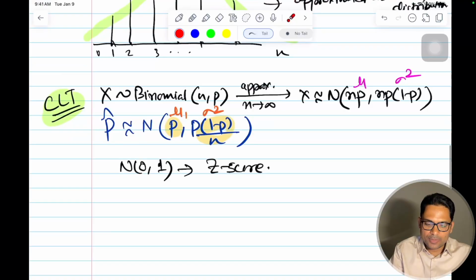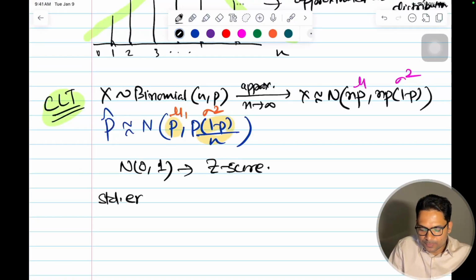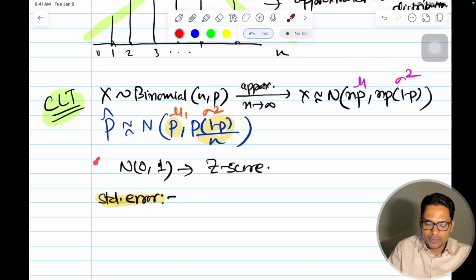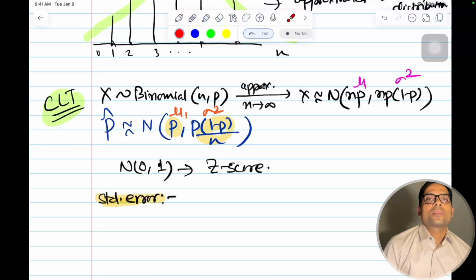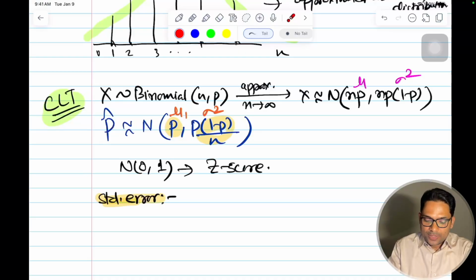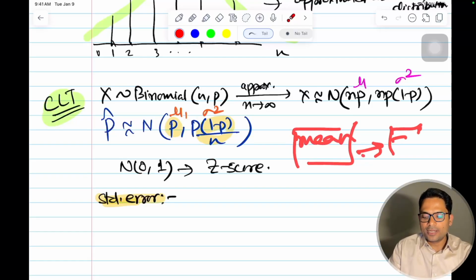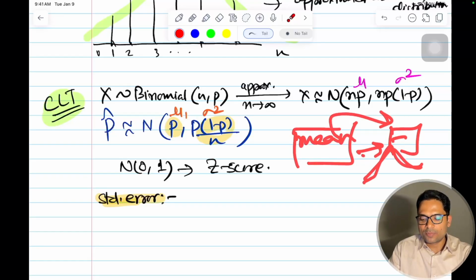Also from the central limit theorem we know the term standard error, you remember. Whichever parameter became normal because of the central limit theorem, for example in the other one, the sample means formed a normal distribution.